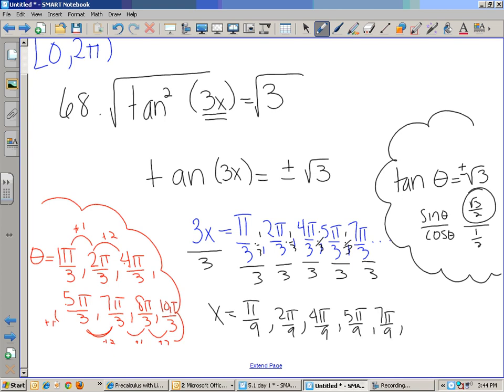And now I'm going to keep following the pattern. Remember, plus 1, plus 2, plus 1, plus 2. I better stop before I get to 18 pi over 9, because that would be my 2 pi. So stop before you get here. And so now I'm just going to keep going with my pattern.